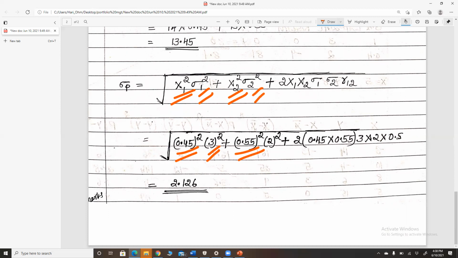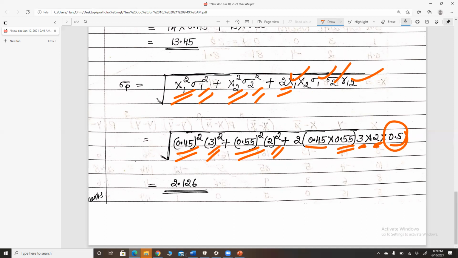Then standard deviation 2, the stock Y standard deviation, that is 2 square. Then 2 into x1, that is 0.45. Then x2 is 0.55. Standard deviation 1 is 3. Standard deviation 2 is 2. R12 is 0.5. Okay, clear?